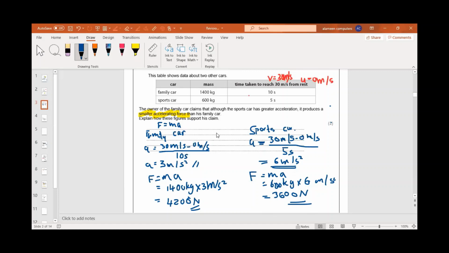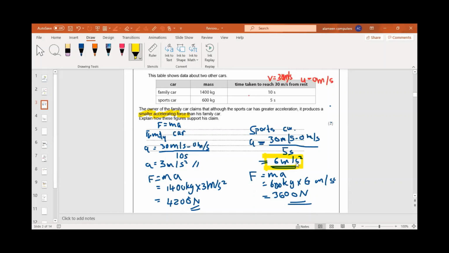Now, what is the statement we need to justify here? The owner of the family car claims that although the sports car has a greater acceleration, it produces a smaller accelerating force. Now we'll compare the acceleration. Acceleration of the sports car is higher. Yes, correct, because it reaches 30 meters per second pretty fast.